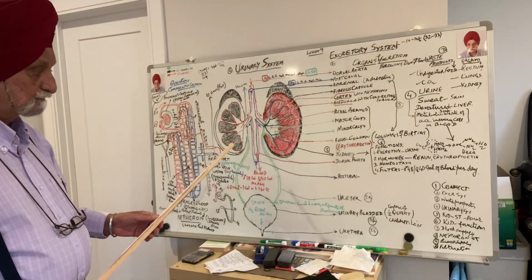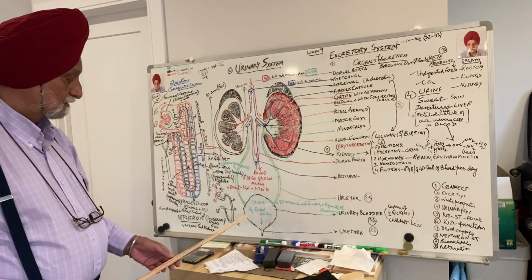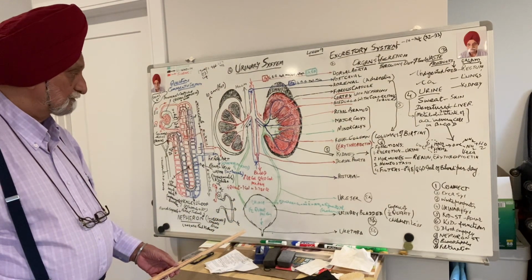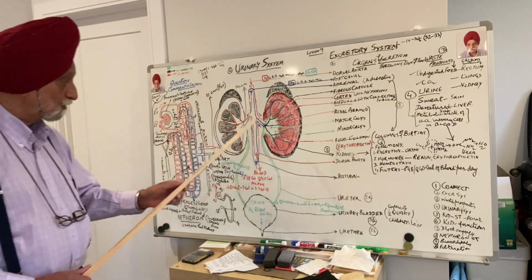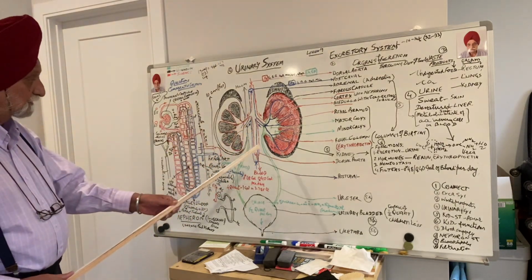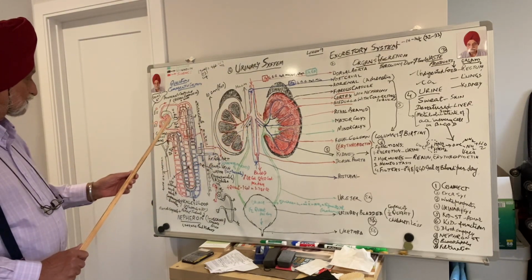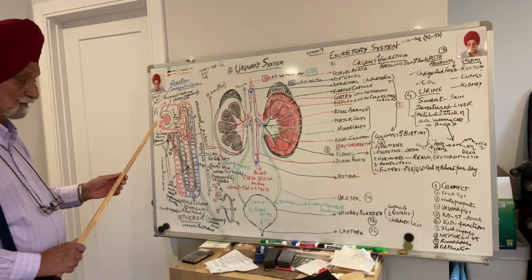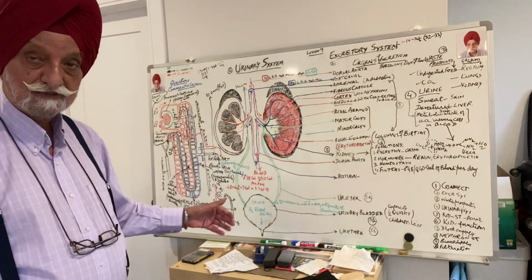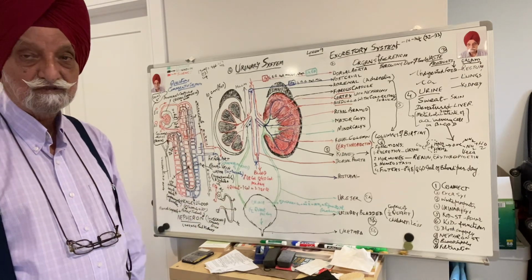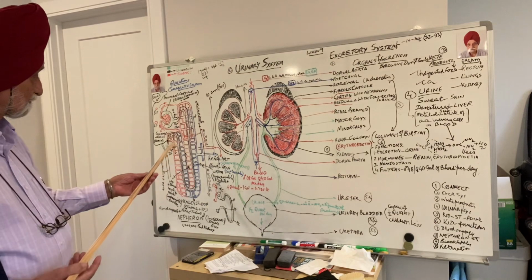Now that is the urinary system, and to sum up, I have explained the organs of the urinary system, which are the kidney, ureter, urinary bladder, and urethra. And then the blood supply, and then how this blood is filtered in the components of the kidney, the uriniferous tubules, and how some of the components which escape from the uriniferous tubules are reabsorbed.